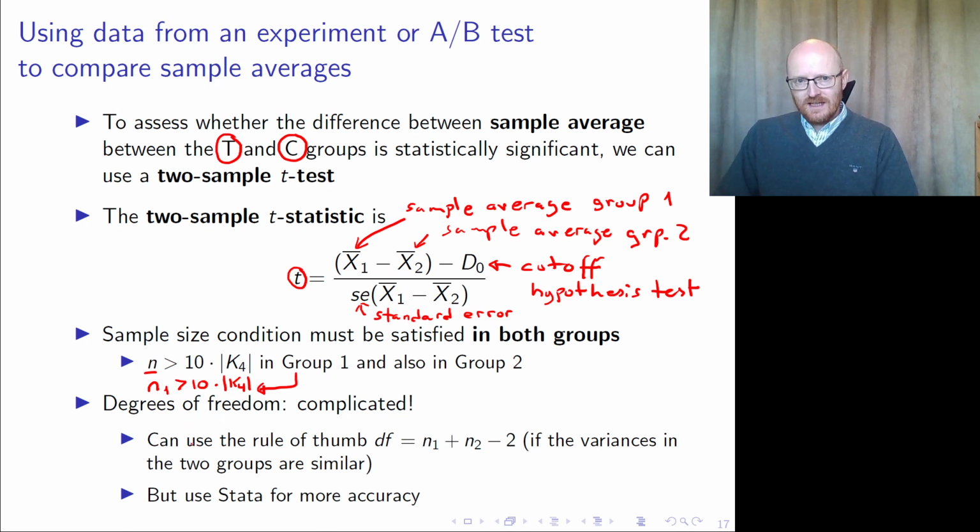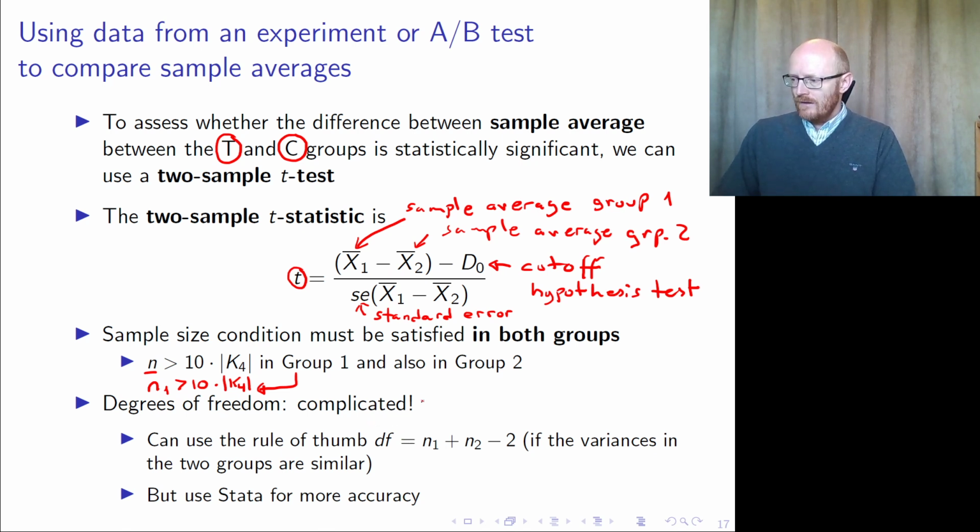but you can use a rule of thumb, because if you look at a t-test for one mean, not a difference in means, then the degrees of freedom would be the sample size minus 2.